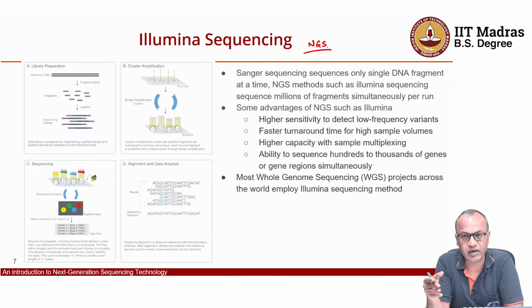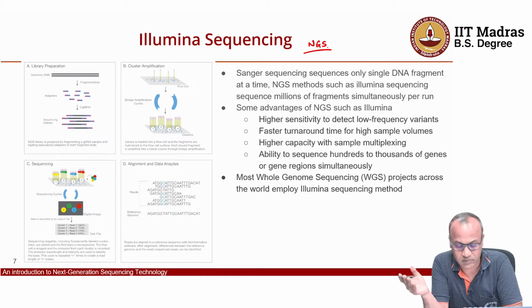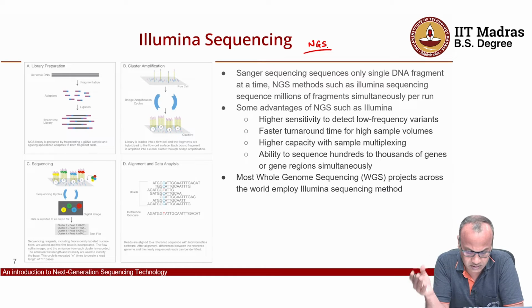Some of these algorithms we will learn in this course, but essentially next generation sequencing revolutionized the way we sequence DNA or any other things, like even transcriptomics has been revolutionized by next generation sequencing.